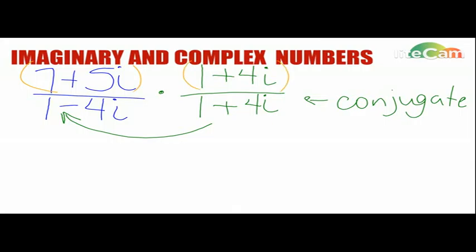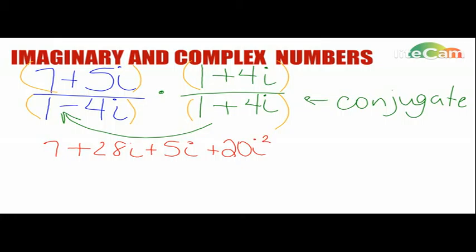Okay, now I have to FOIL. I'm going to FOIL just the top, and I'm going to FOIL the bottom. So 7 times 1 is 7. I'll have 28i plus 5i plus 20i squared. Notice I just FOILed the top.